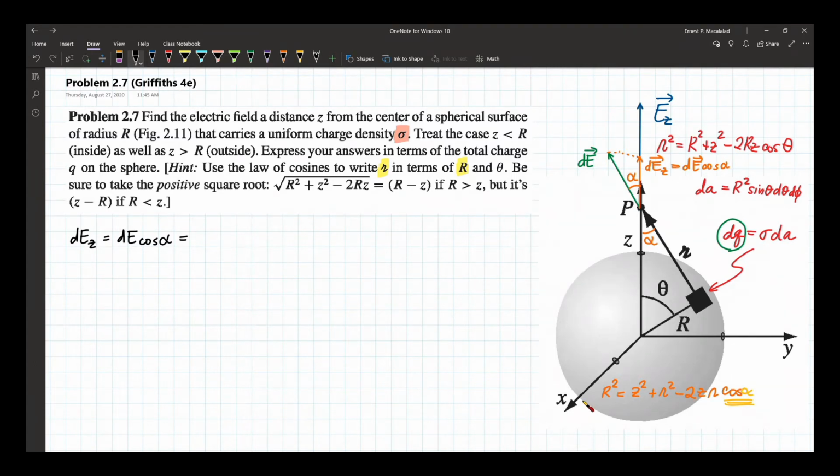So this is now dE times z squared plus script r squared minus capital R squared, divided by 2z script r.